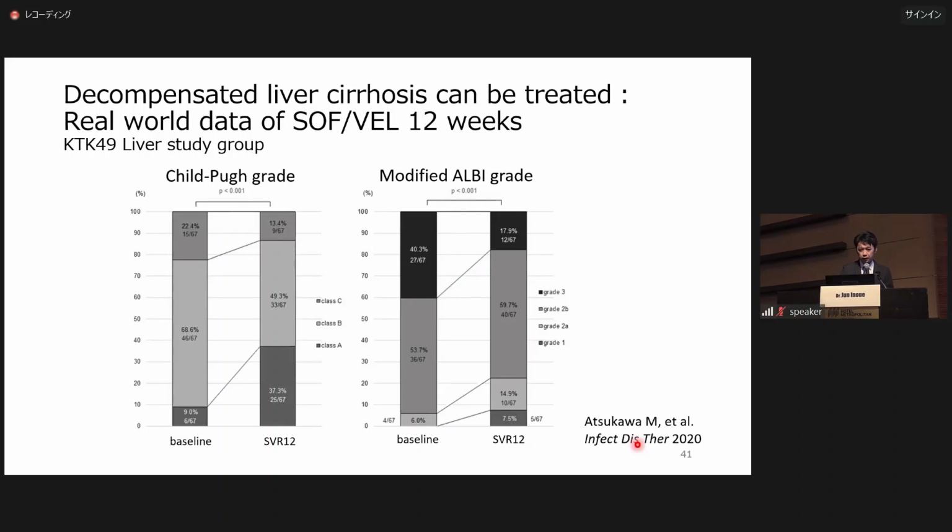This is data of sofosbuvir for 12 weeks for decompensated liver cirrhosis. This data shows SVR improved Child-Pugh grade and also modified ALBI grade after SVR12.